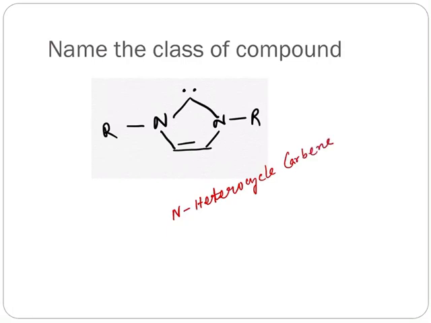Generally carbenes are very much reactive, but N-heterocyclic carbene is very much stable under normal room temperature, and you can actually easily isolate it. So this class of compound is very important, and such type of question actually came in NIPER JEE. So this is also an important question.